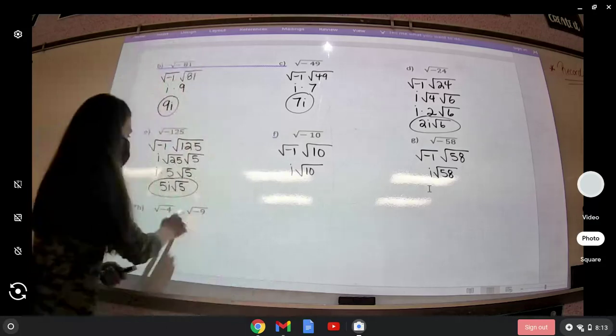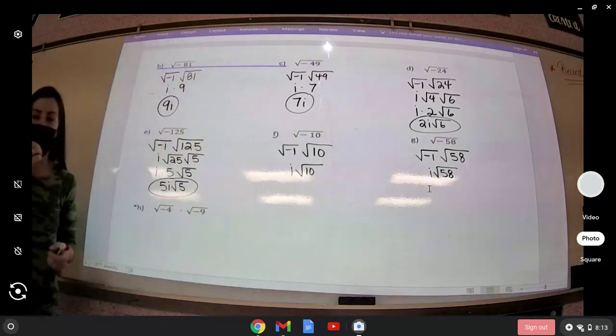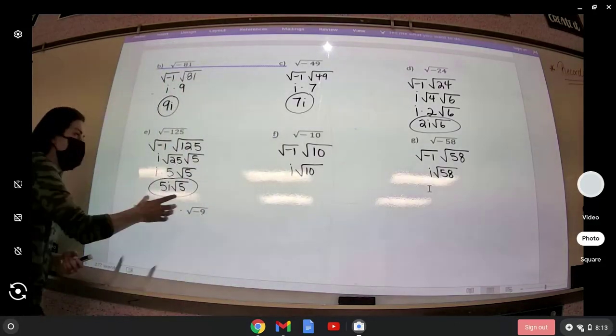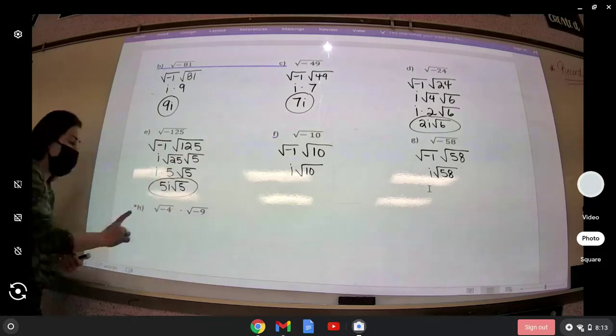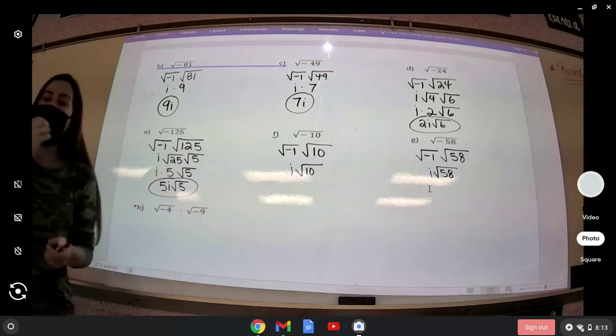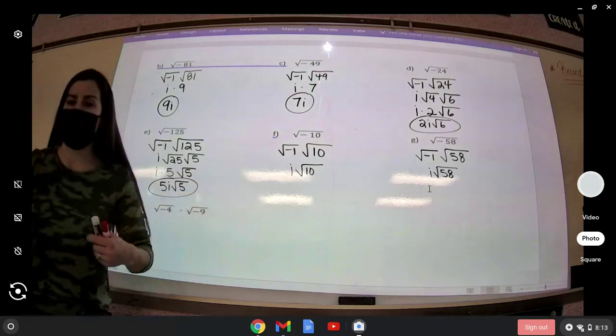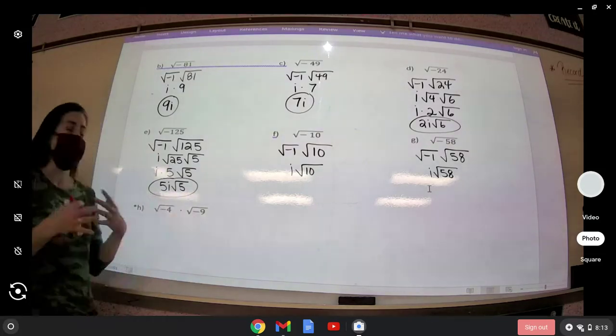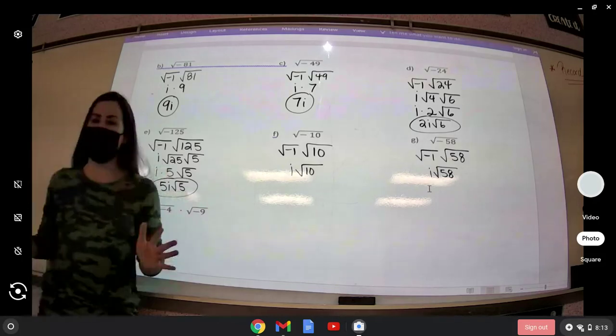All right, I threw this one in here because I wanted you guys to be careful. Every now and again, they'll give you some operations to do, like, oh, take the square root of -4 and times it with the square root of -9. Now, when you are taking the square root of a negative number and they're both negative, it's kind of like all bets are off.